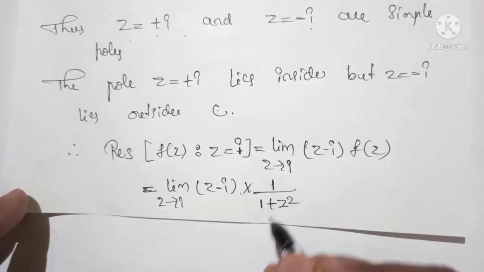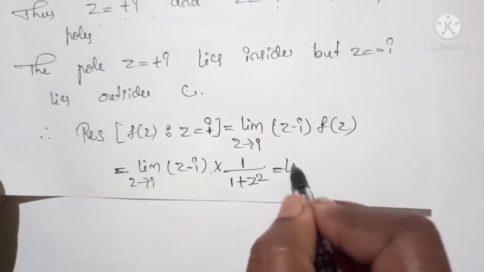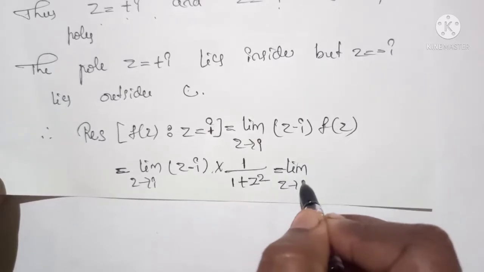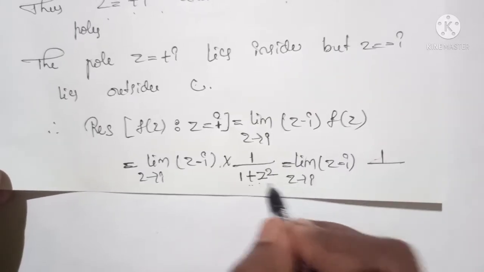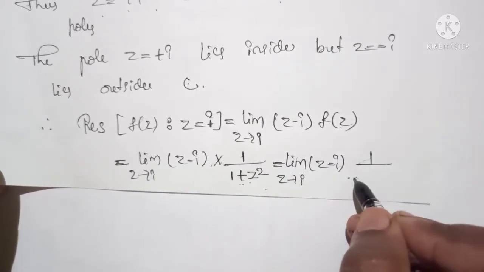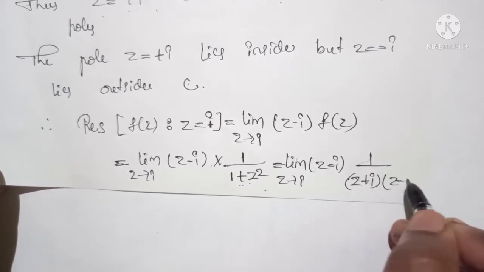This can be written as 1 divided by z plus i into z minus i.